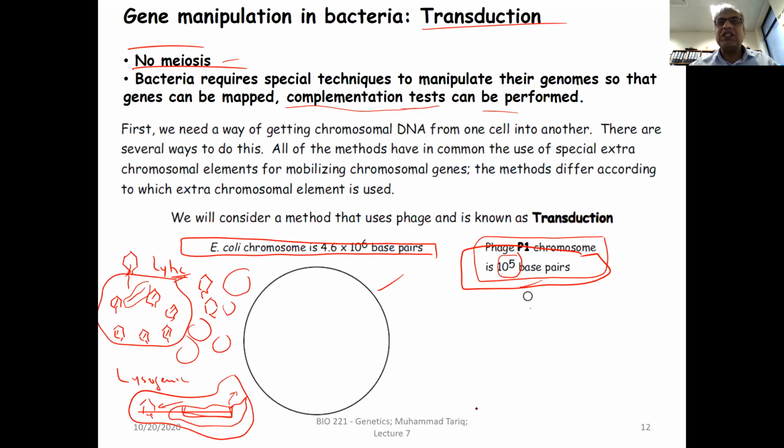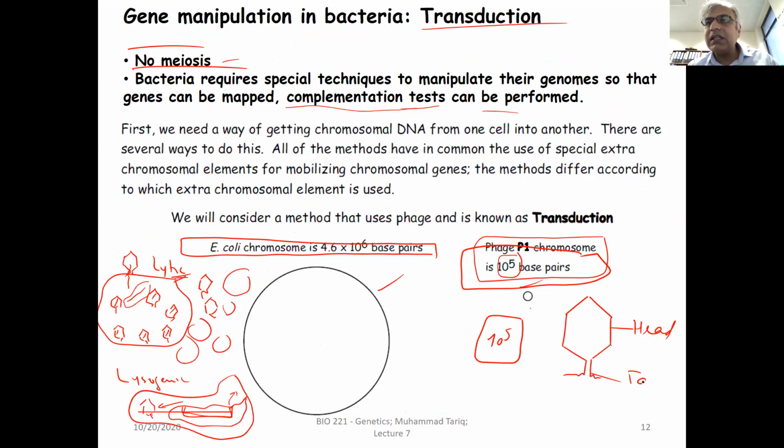Let's go back to the phage genome. The total size of phage genome is 10 to the power 5. This is called head of phage. This is the head and this is the tail of the phage.